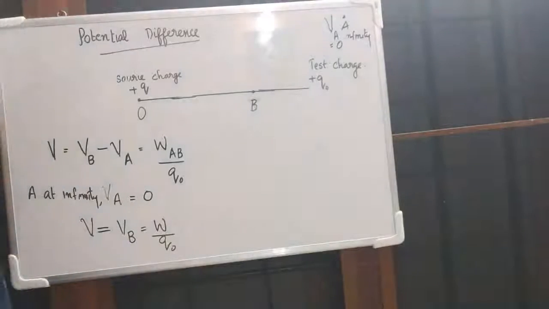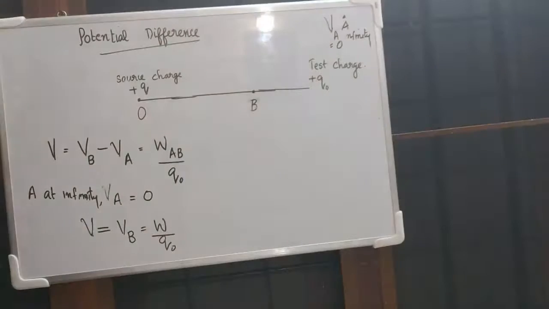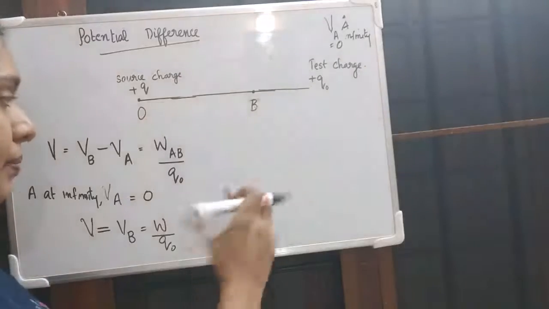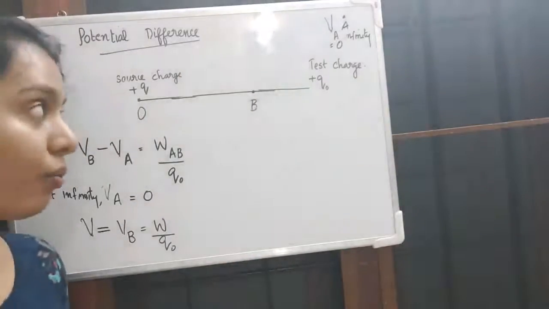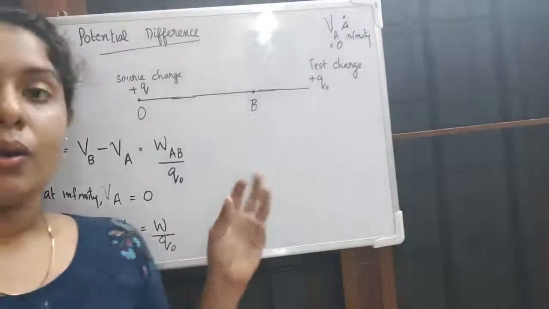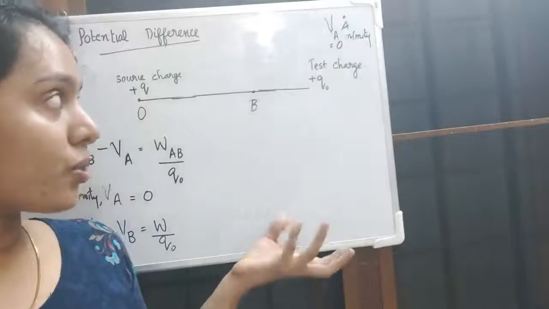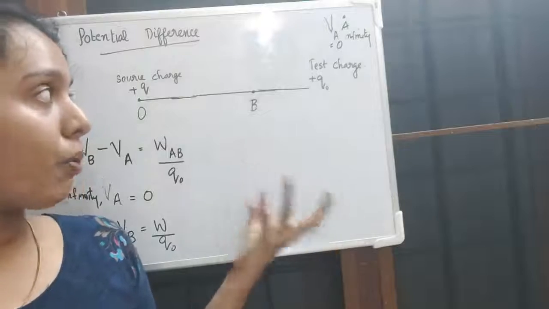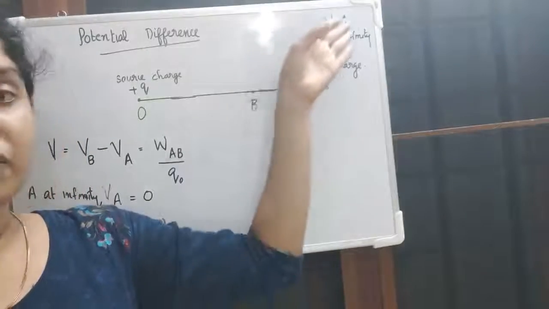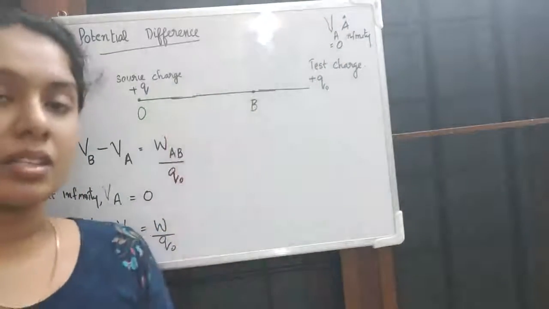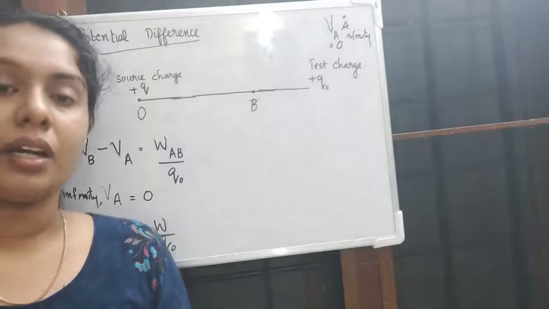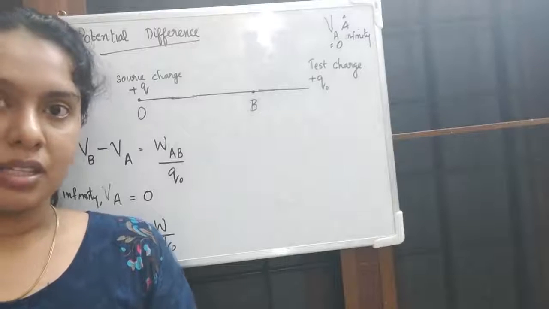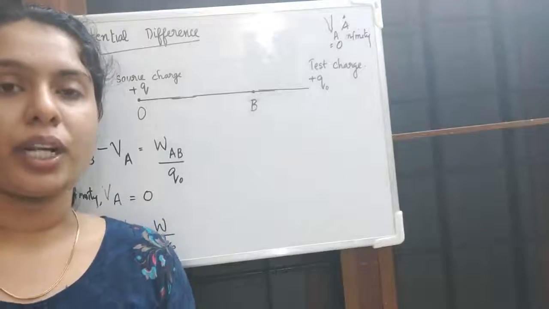Here the potential difference is said to be 1 volt when 1 joule of work has to be done in moving a positive charge of 1 coulomb from infinity to a point against the electrostatic force. This is about potential difference. This is another definition of potential difference.